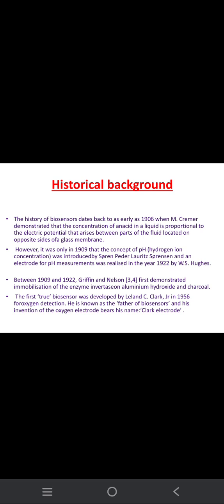Between 1909 and 1992, Griffin and Nelson first demonstrated immobilization of the enzyme invertase on aluminum hydroxide and charcoal. The first true biosensor was developed by Leland C. Clark in 1956 for oxygen detection. He is known as the father of the biosensor, and the oxygen electrode bears the name of the Clark electrode.